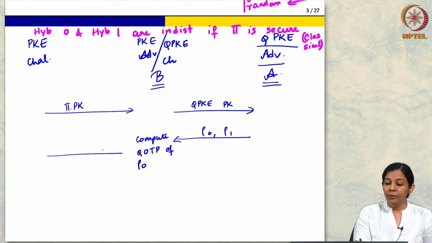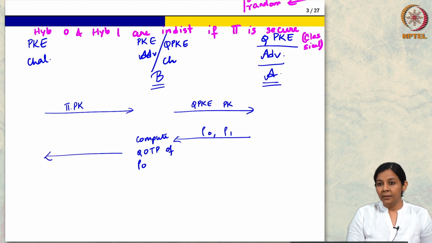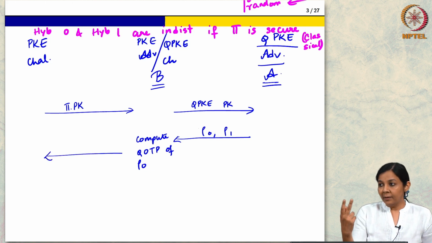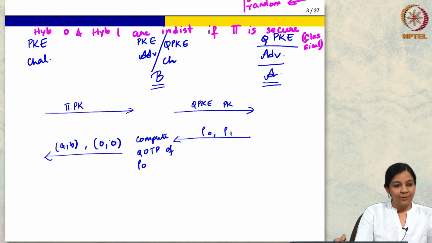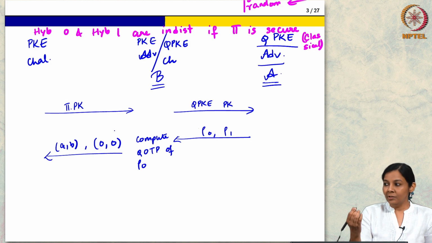I am supposed to give this challenger 2 messages. It is going to be AB or 0 0. Basically, in hybrid 0 I am using a random AB, and in hybrid 1 I am using 0 0. So, my challenge to the PKE challenger is AB comma 0 0.